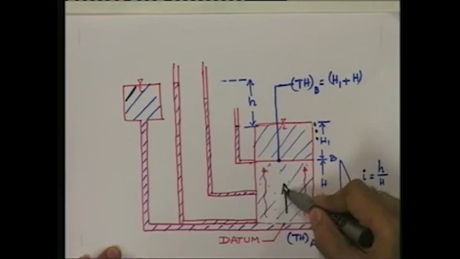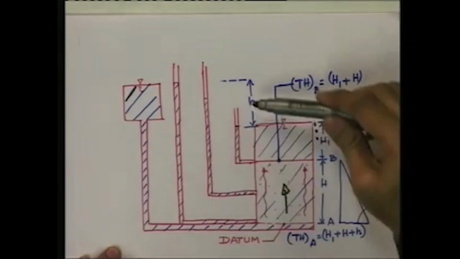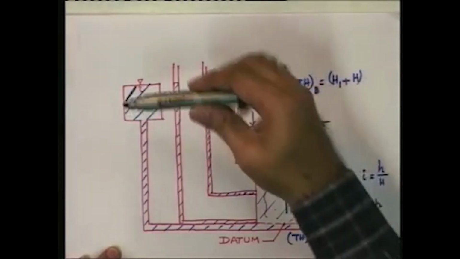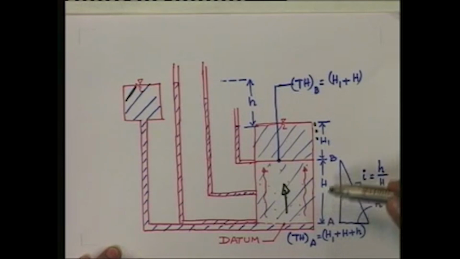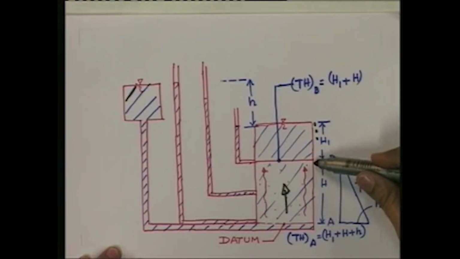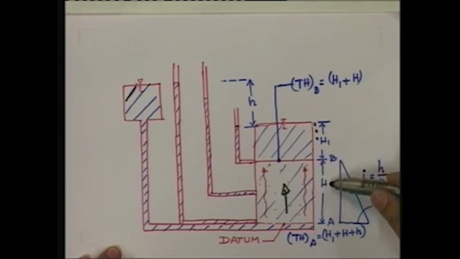So, the head loss between these 2 points is the small h, and the length of the soil specimen which is subjected to flow is capital H. So, the head which is driving the flow is small h here and 0 at this particular point. The slope of this line is nothing but the hydraulic gradient, i is equal to small h by capital H.